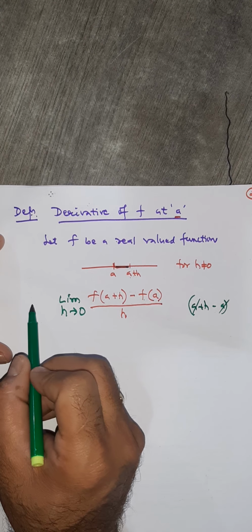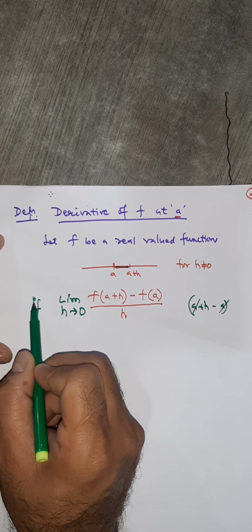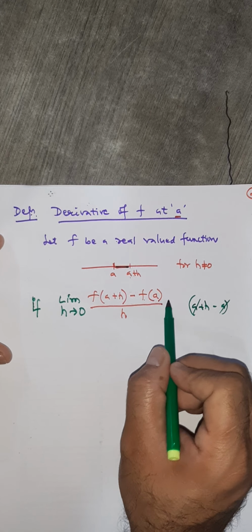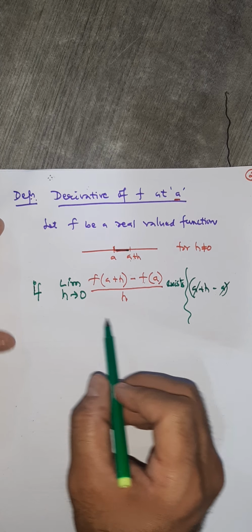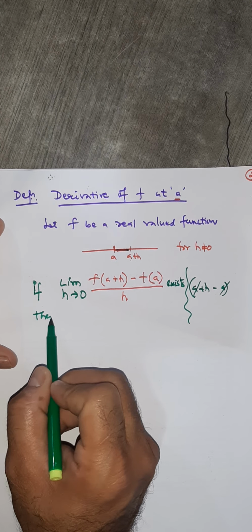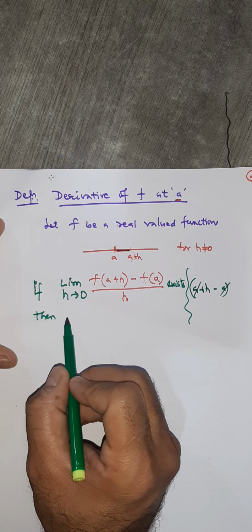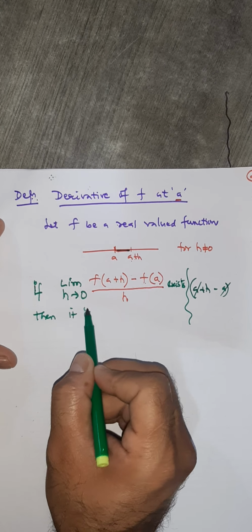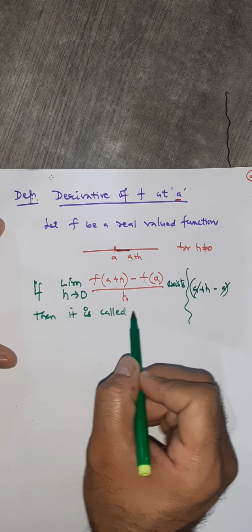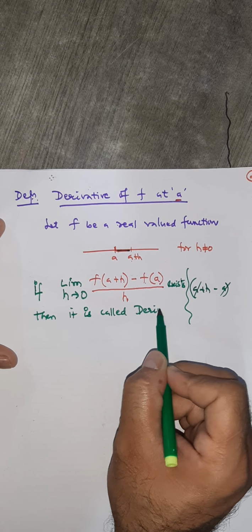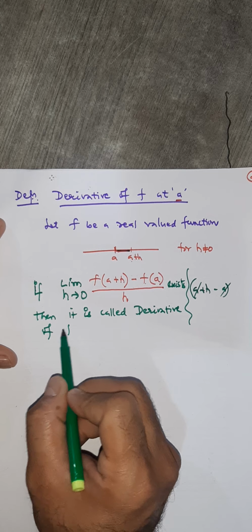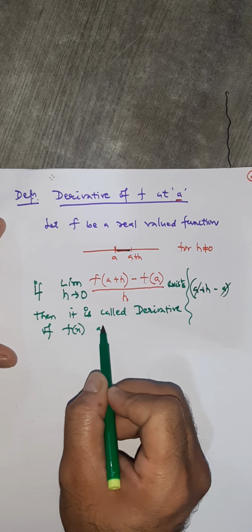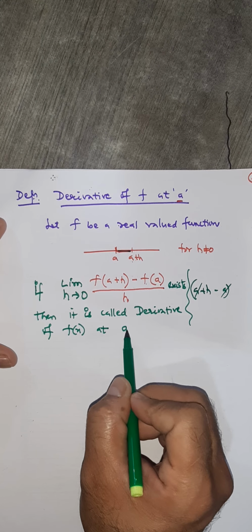If this limit exists, then that limit is called the derivative of f, at a.